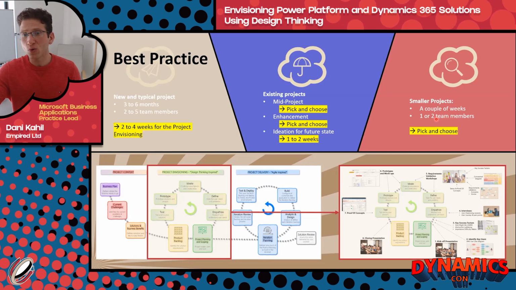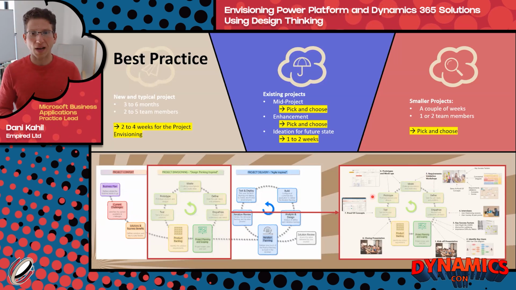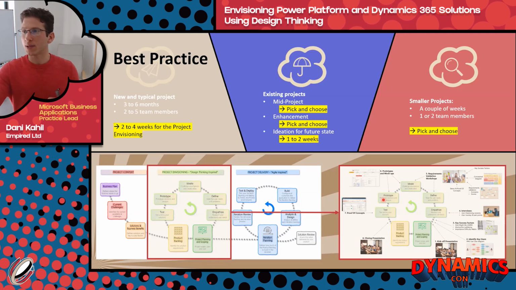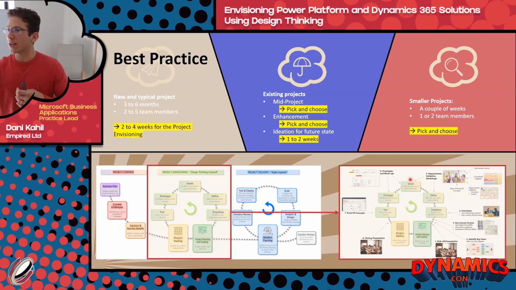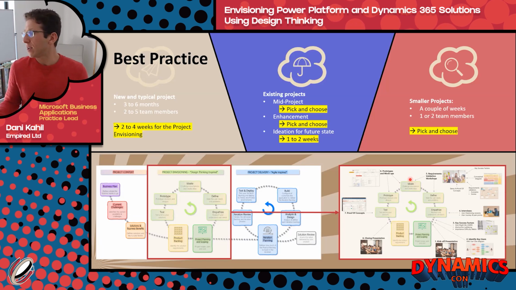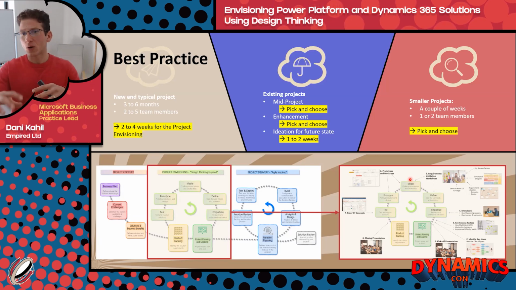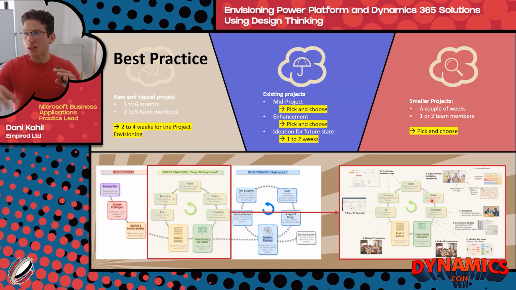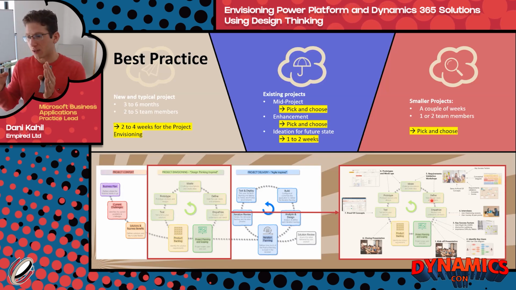And again, it's a pick and choose, and sometimes I cover this whole project envisioning in maybe 2 hours, to have that session at the beginning, sit down with the users, then one requirement validation workshop of an hour or 2, then we prototype, we do a little bit of proof of concept, a couple of hours, and then back to a second or third workshop, and effectively, yeah, that's it, because the project is small. So you don't have to have all those items in days, but it can be really condensed. You can have a couple of those items in 1 day or even a couple of hours, because your project is way smaller.